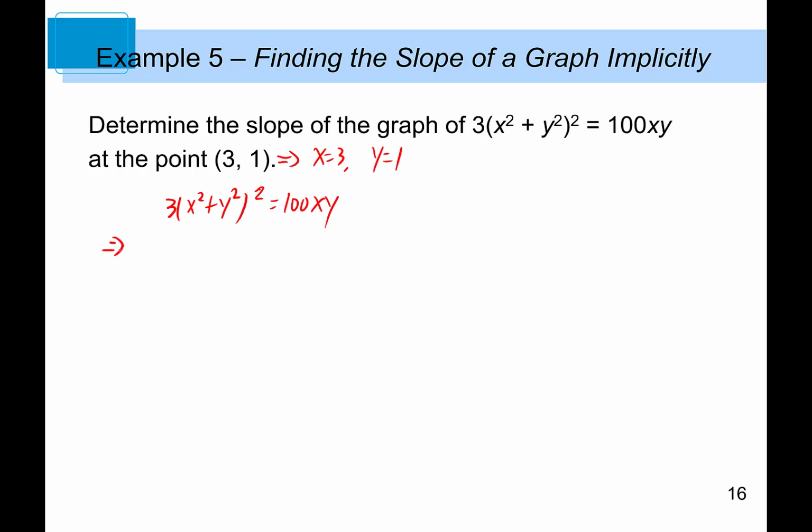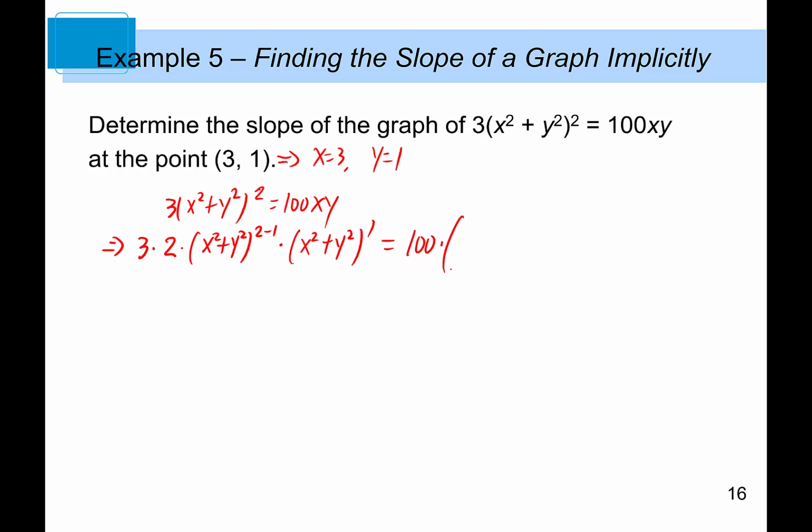On the second step, we start differentiating the left hand side. We have to use the chain rule here. So the exponent goes in front, x squared plus y squared, and then reduce the power by 1. And we're going to differentiate the inner function, meaning find the derivative of x squared plus y squared. Then on the right hand side, we have to apply the product rule.